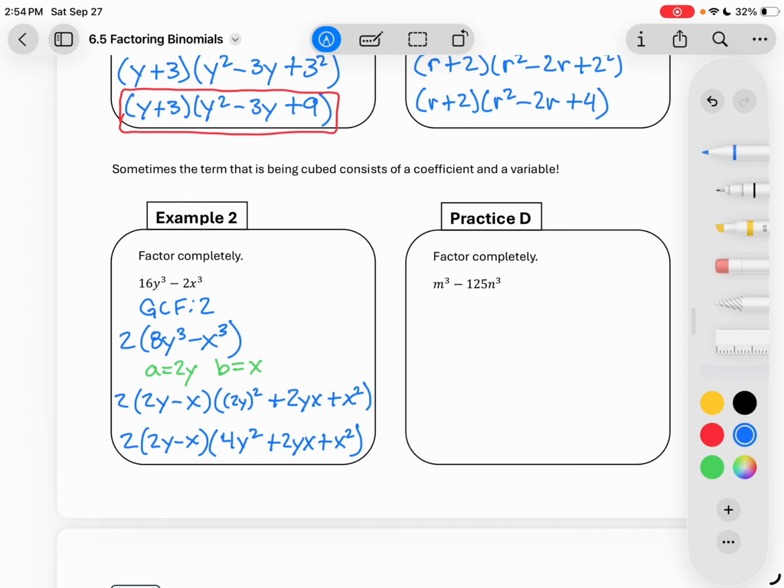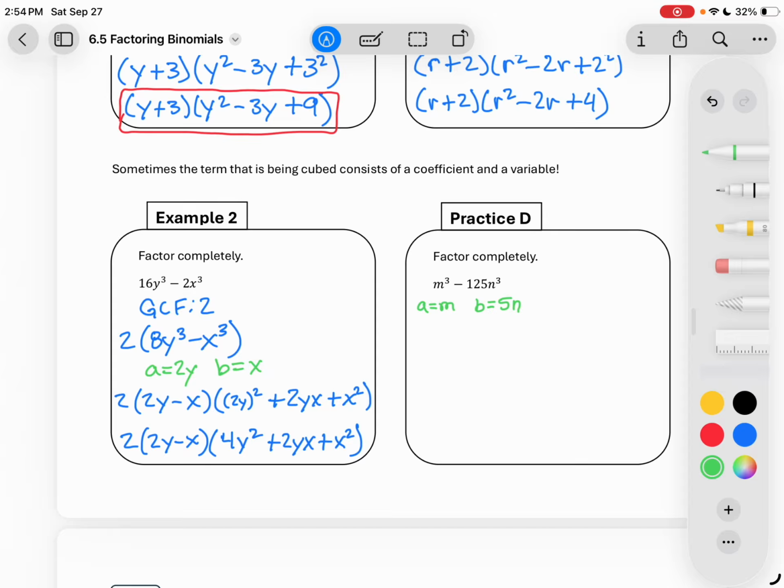We take a look at practice D, and we notice that m is getting cubed first, so that's pretty easy to see that a would be m when we look at our factoring pattern. But then we might need our calculator to identify what the cube root of 125 is. And it turns out that it is 5.